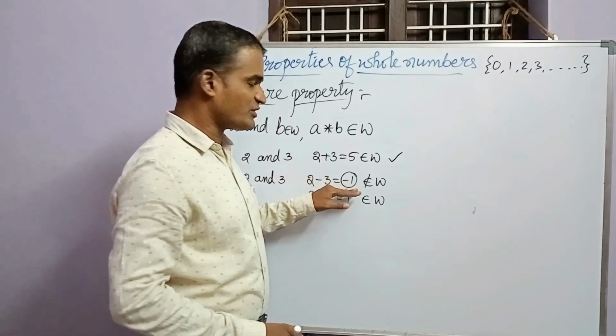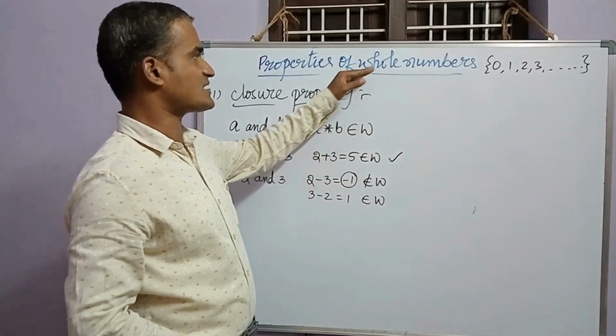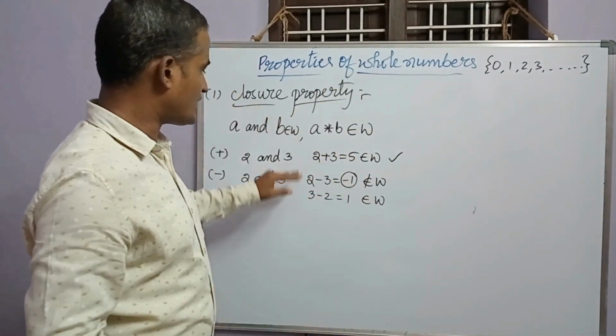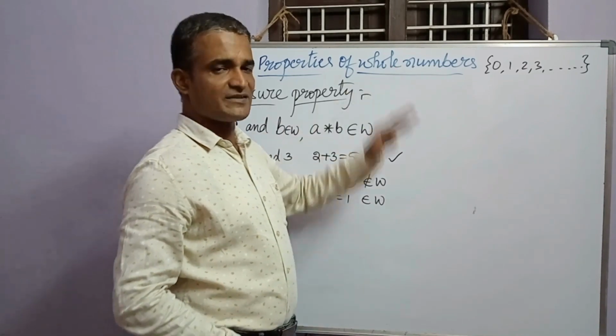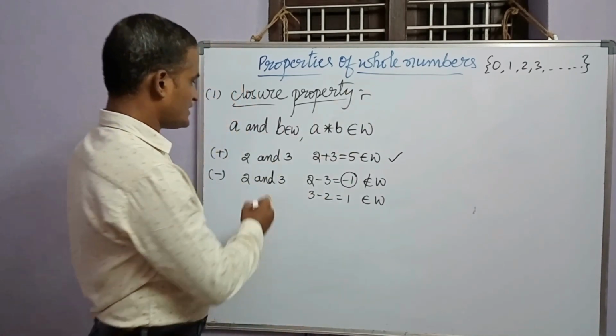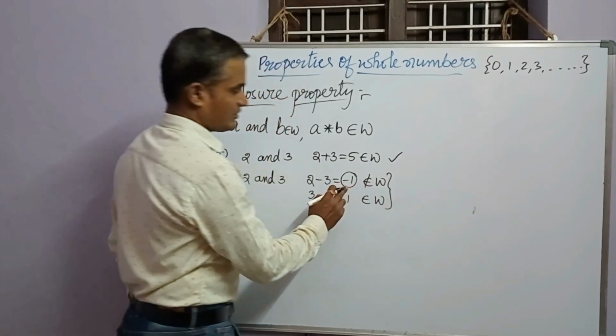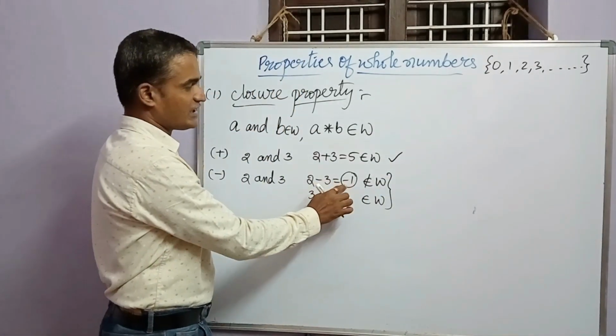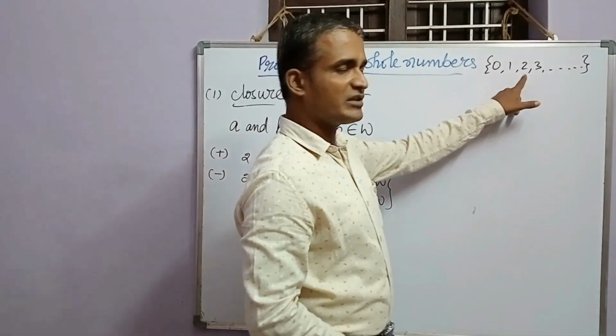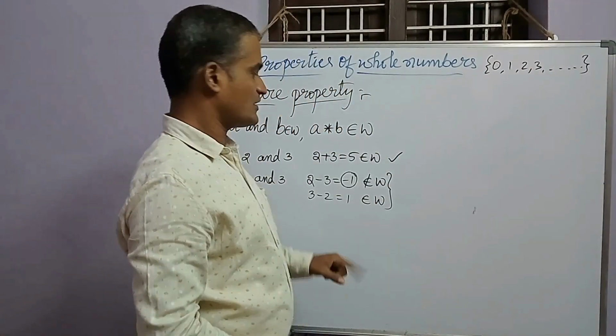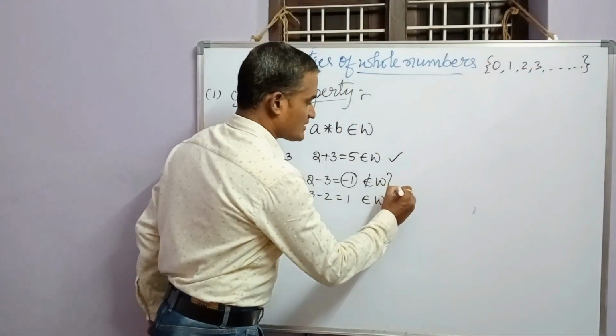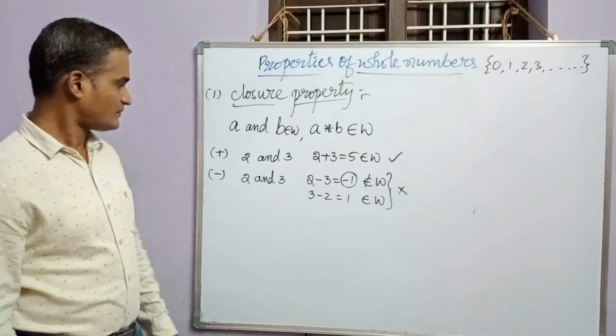If every time you find the difference you get a whole number, then it is satisfied. But here you are not getting a whole number all the time, you are getting a negative number, and a negative number does not belong to whole numbers. So this is not satisfied.